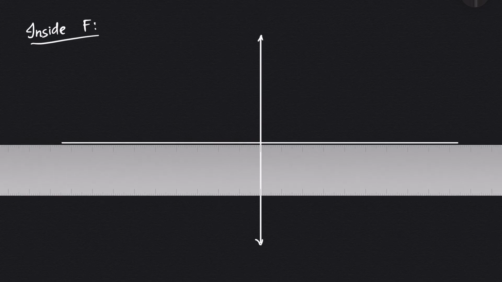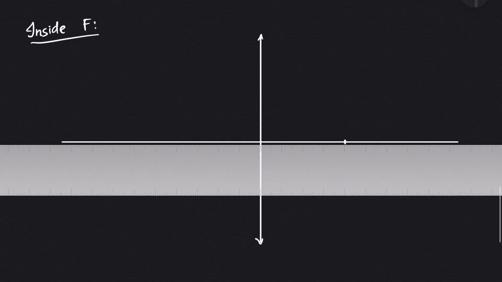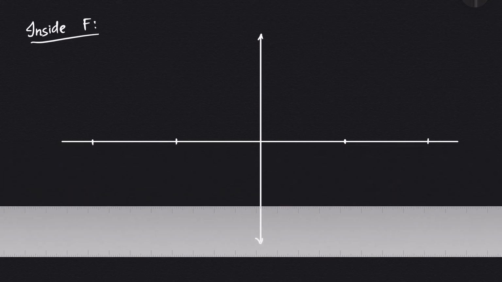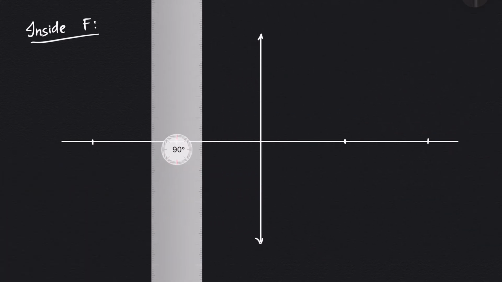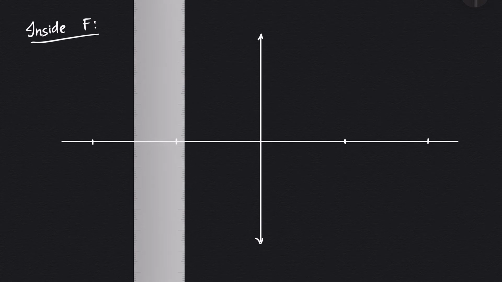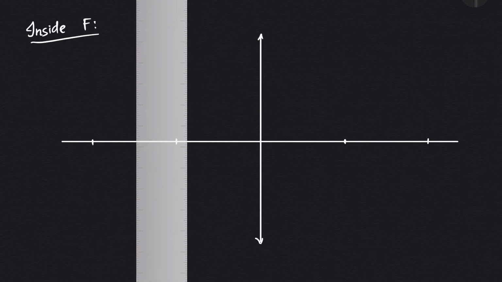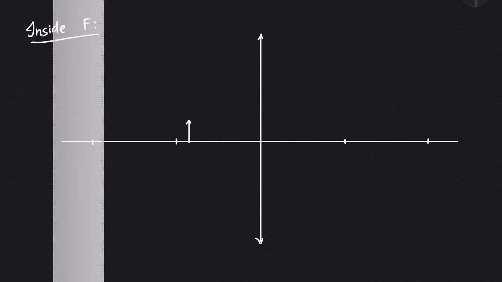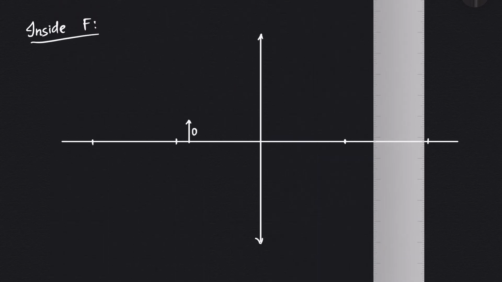I am choosing 4 here. Now let's consider an object inside the focal point, let's say somewhere here. It's not exactly at the focus. I'm going to choose a small object because I don't want the diagram to get too big. You will know why it gets too big. So this is the object.